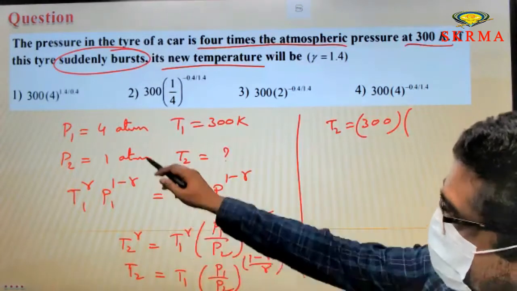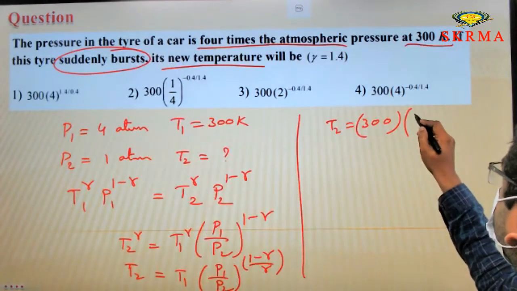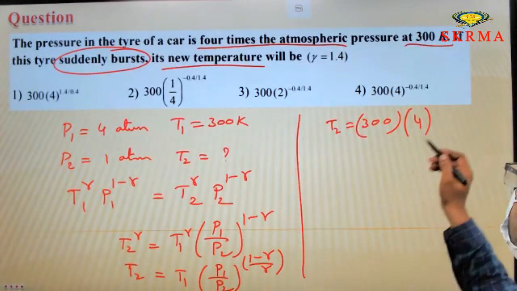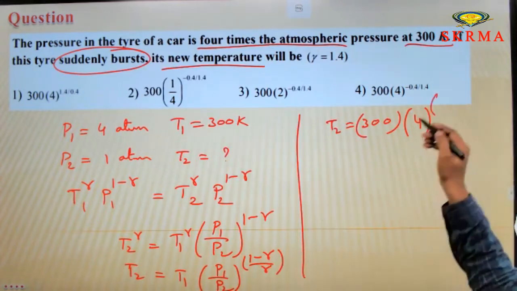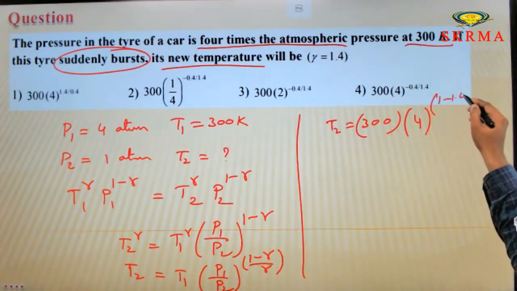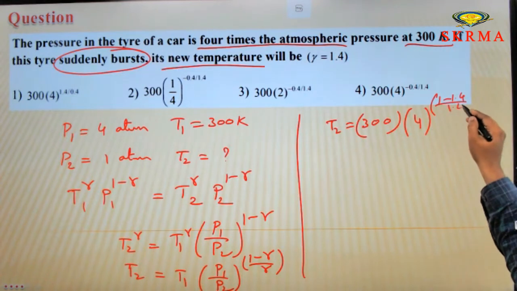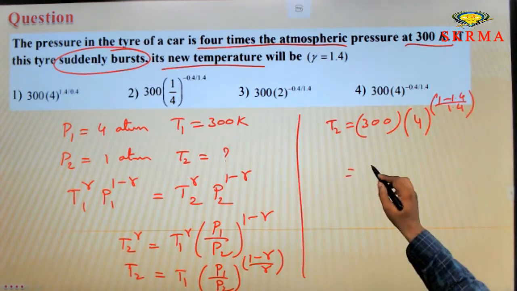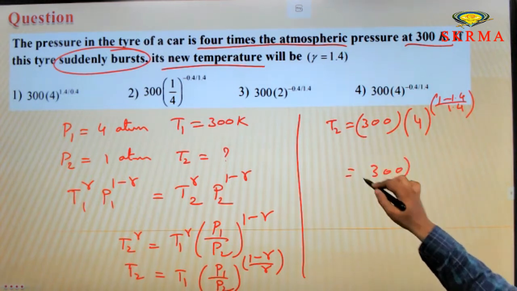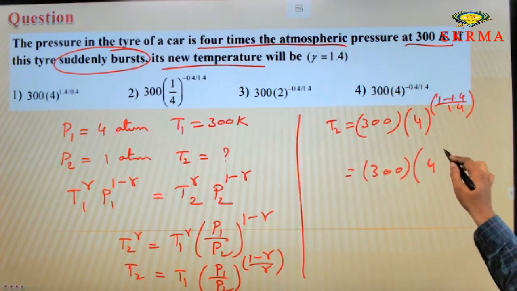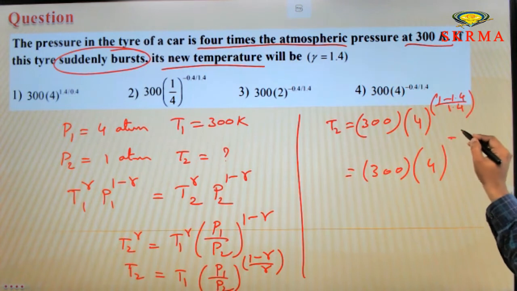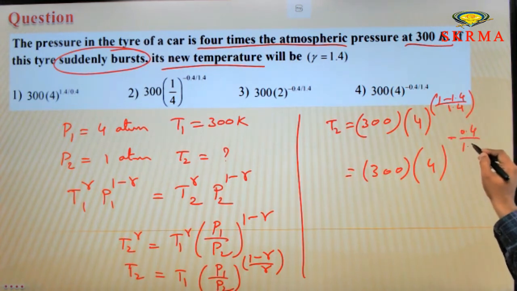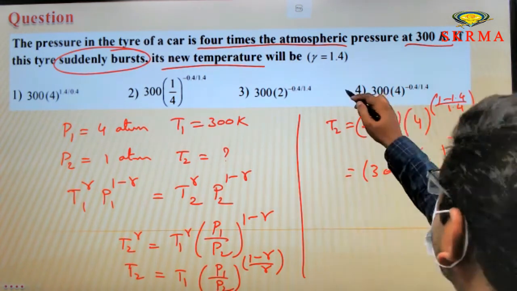So P1 by P2, that is 4, whole power 1 minus gamma, 1 minus 1.4 by 1.4. So 300 into 4 whole power minus 0.4 by 1.4. So fourth option is the correct one.